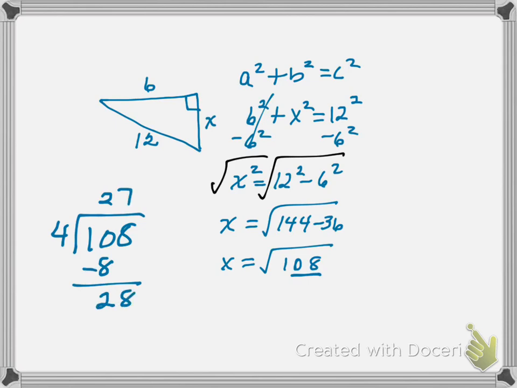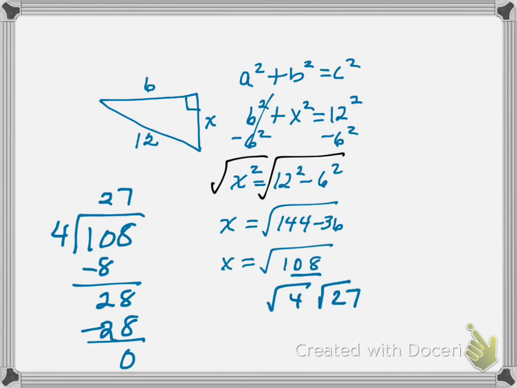Bring the 8 down, I get a 7. So now it looks like 4 times 27. Subtract, sure enough, I get 0. So 4 times 27 is equal to 108. So I can replace this with a 4 and a 27.